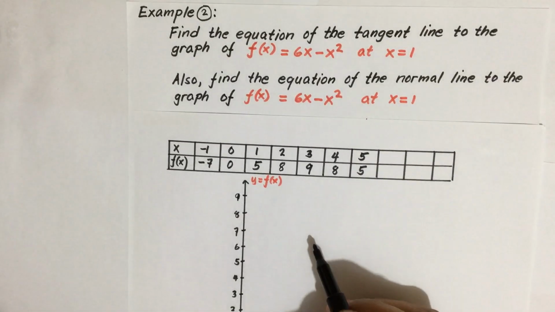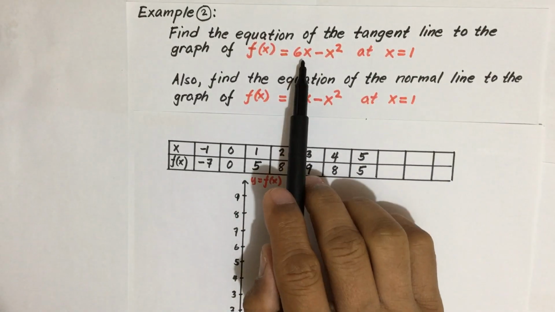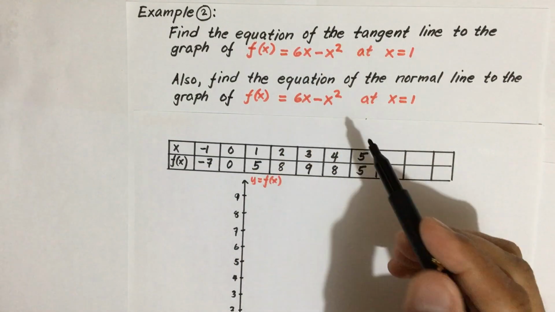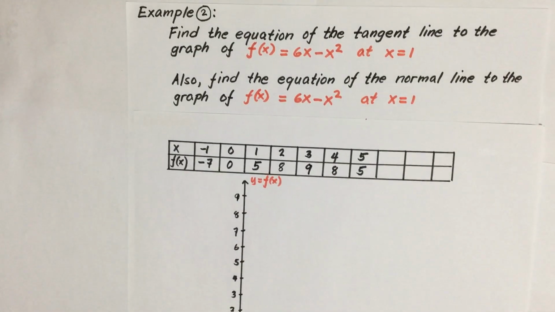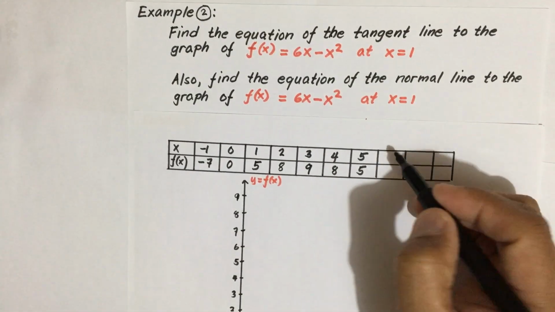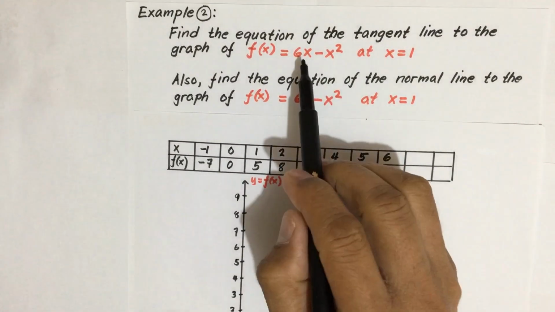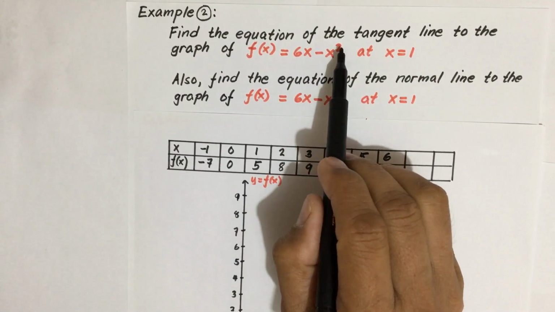Okay, by the way, when x equal to 4, 24 minus 16, this is correct, that is 8. Now when x equal to 6, so 6 times 6, 36, minus 6 squared, 36 also.